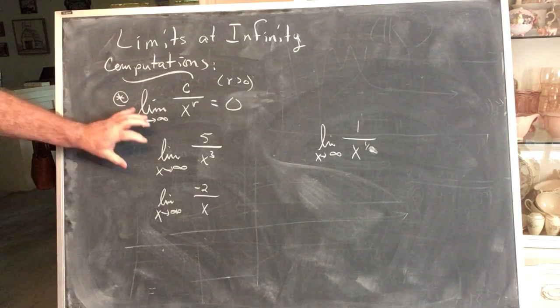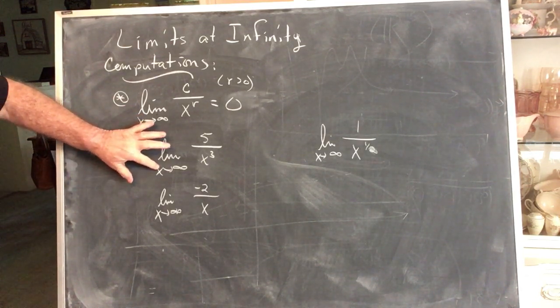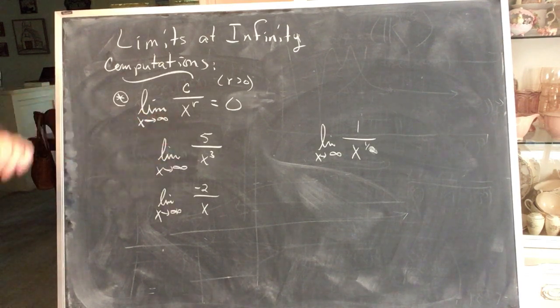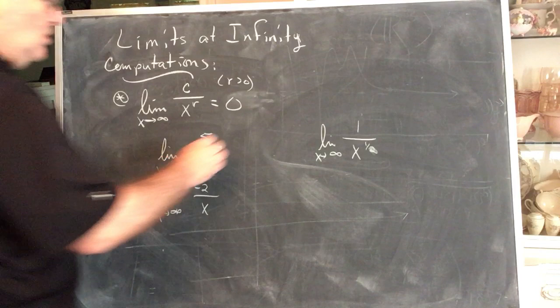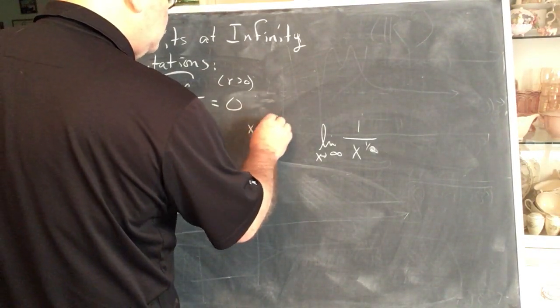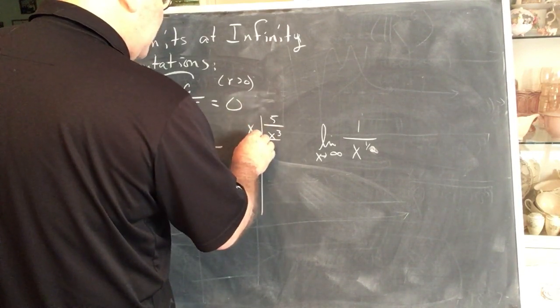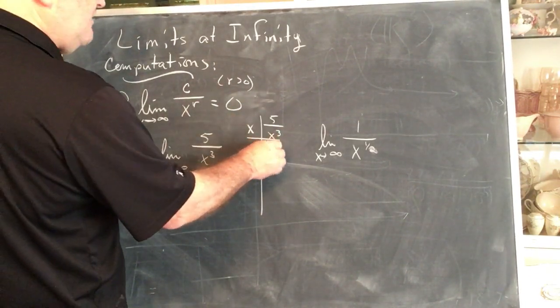But let's see if we can sort of convince ourselves that is true. The idea is x is getting larger and larger. The question is, what is happening to that function value? Well, let's think of it this way. Suppose x is 1, well, that's 5.